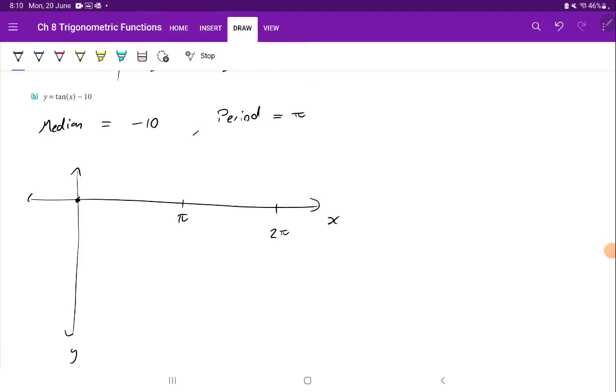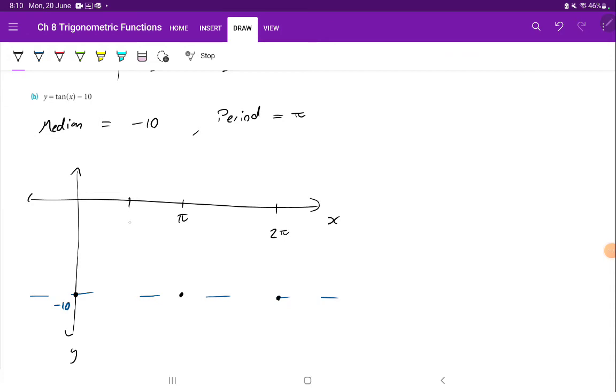It matches the sine function, and so it's going to repeat here and here and here. Those are all going to be zeros. Except that's not where our zeros are going to go, because our median is negative 10. So let's draw a horizontal line at negative 10. And all of these zeros have been moved down 10 units to fall upon this line.